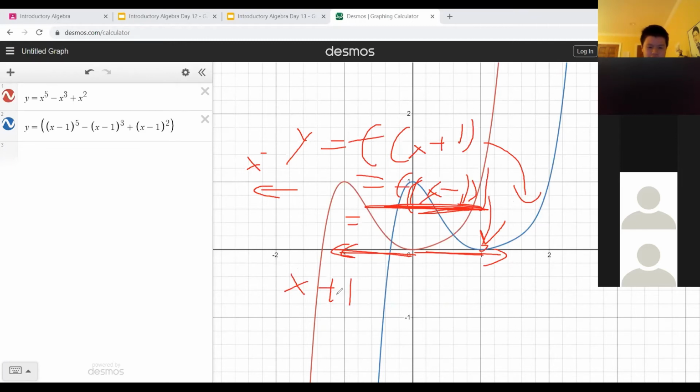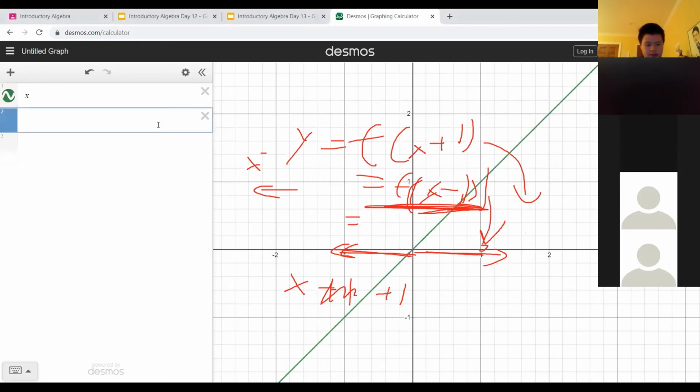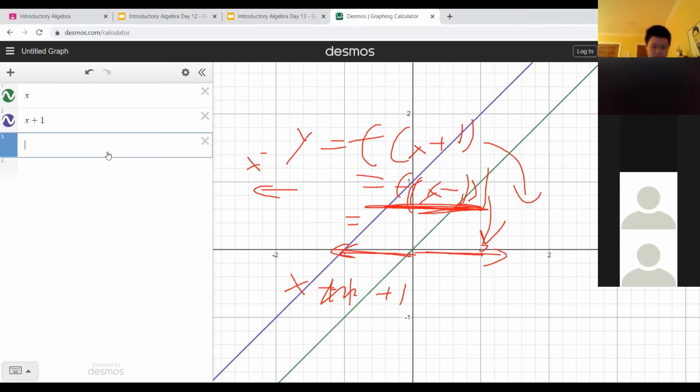So if I draw a simpler function like x plus 1, I'll actually draw this. x plus 1 shifts it to the right, since it has to compensate for the added 1. x minus 1 goes to the right, since it has to compensate for the left. So adding to the input makes it go left. Subtracting to the output makes it go right.